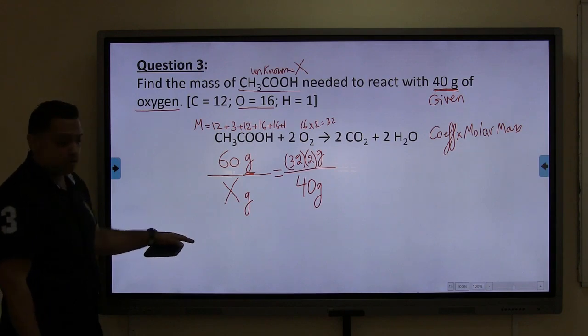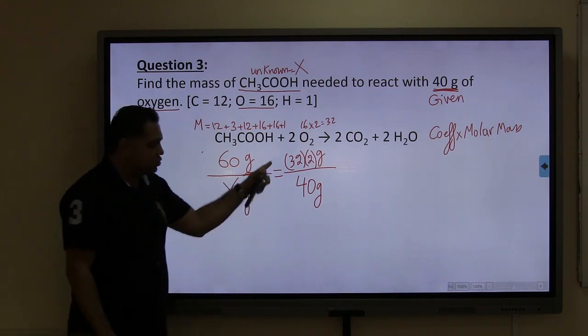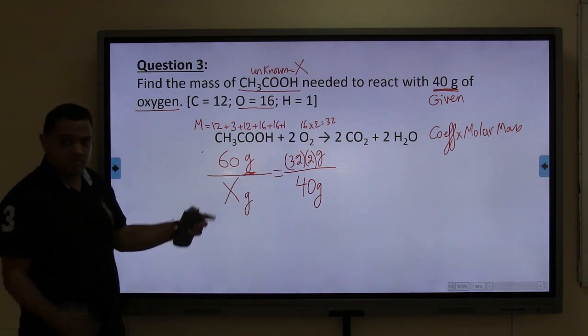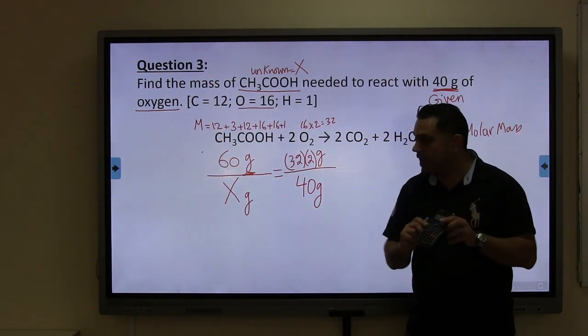So now I have a ratio. 60 grams, 60 over X is equal to 2 times 32 divided by 40. To find X in one step only, I will use the fraction on the calculator.